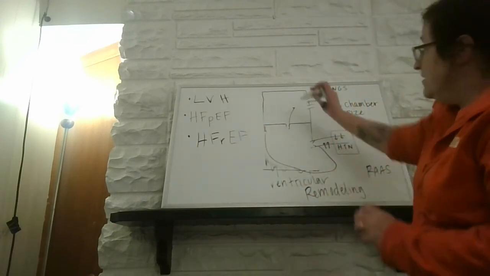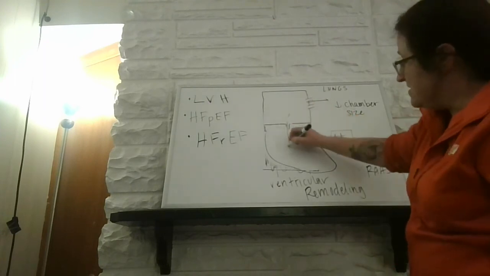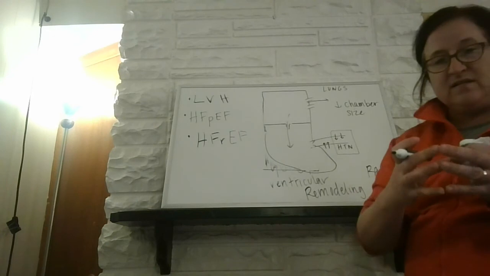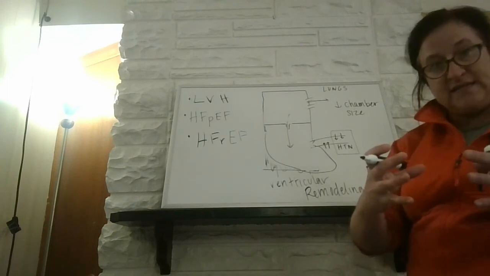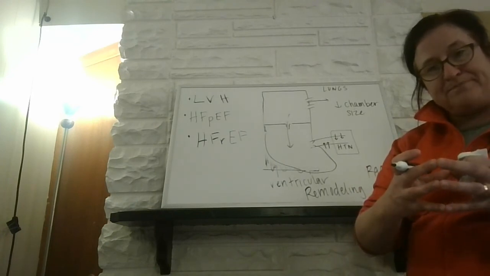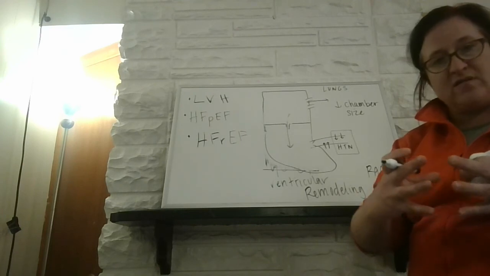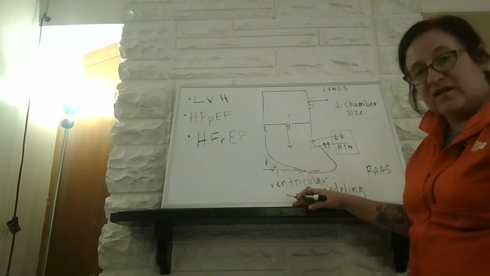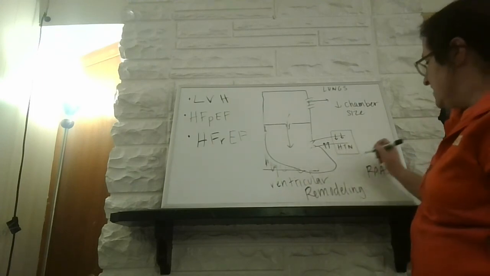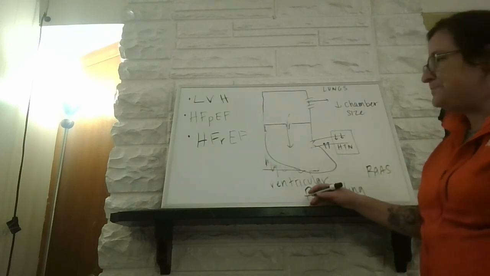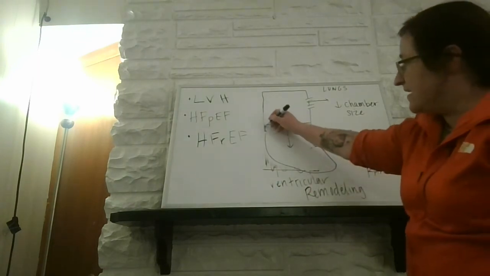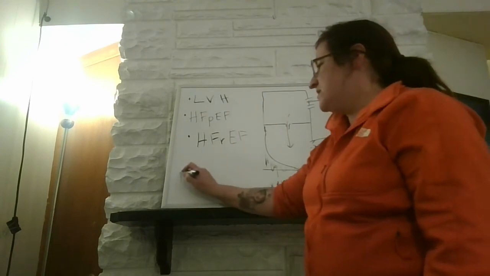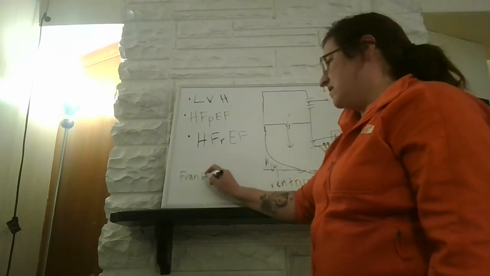So now fluid is going down into the ventricle like it's supposed to during diastole, but a muscle that is widened, or what's called cardiomyopathy, or kind of bigger, will not contract in an efficient manner, and so the ejection fraction will reduce. So this goes back, and we didn't talk about it too intensely earlier, to what is called Frank-Starling's law.